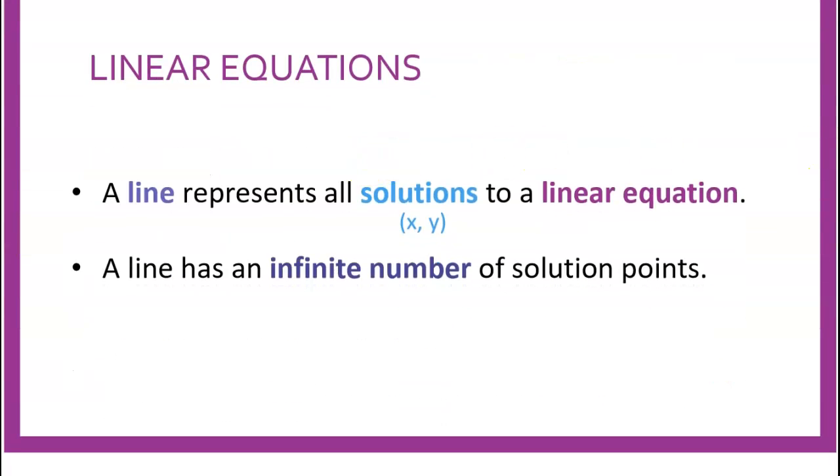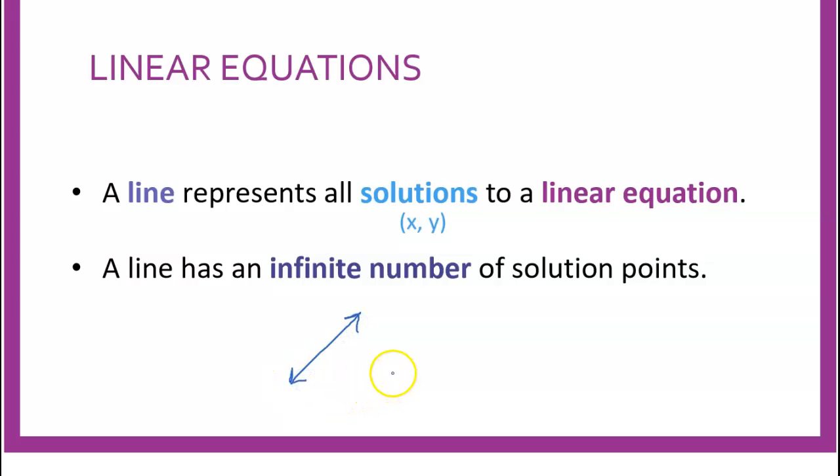So this is just a summary of what we just talked about. A line, and we mean a straight line, represents all solutions to a linear equation. So all these x, y points are ways that make this equation true. They make the statement work out so that the equivalency is the same. And a line has an infinite number of solution points because it's going in both directions forever.